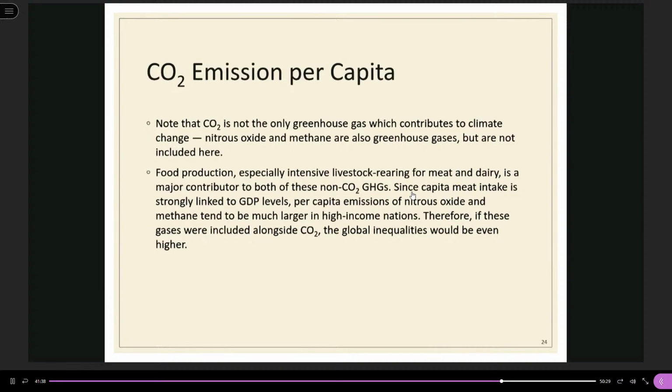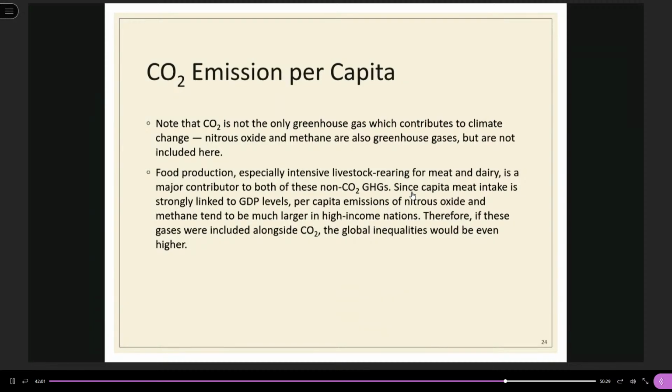And so eating meat, especially beef, will result in high carbon dioxide emissions. So these gases were included alongside carbon dioxide. Okay, so the global inequalities would be even higher.